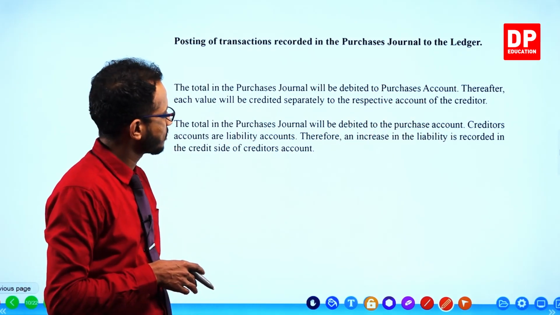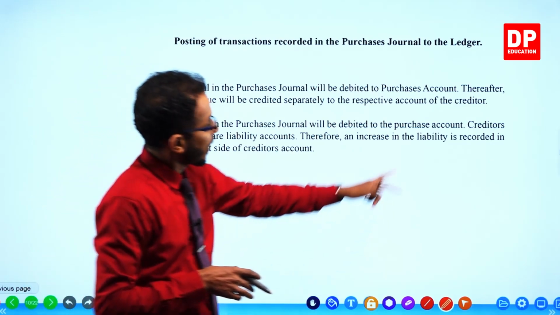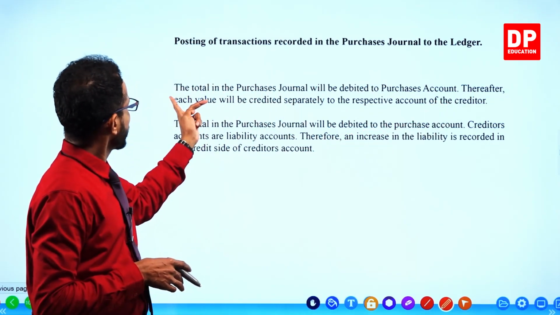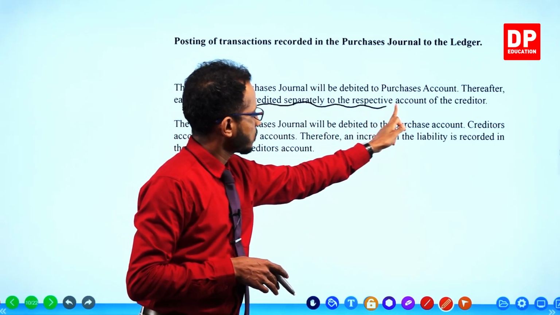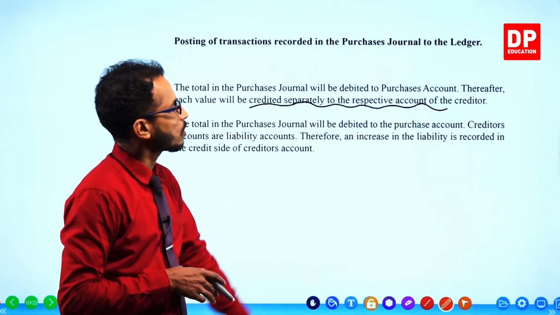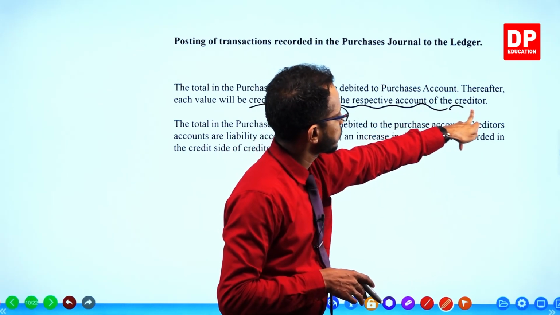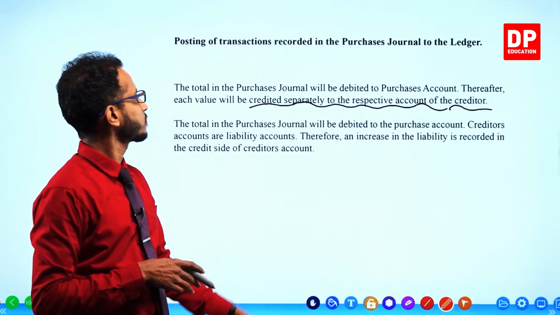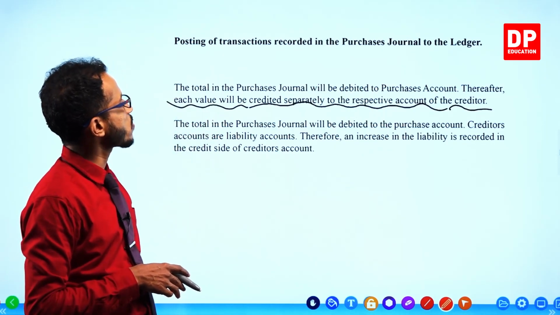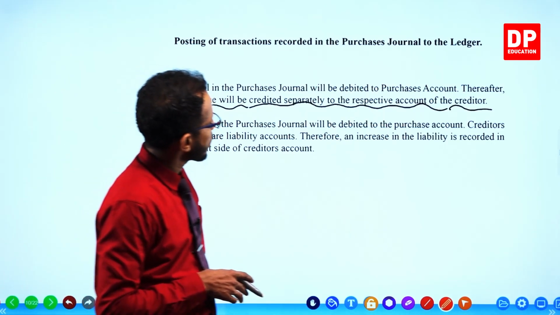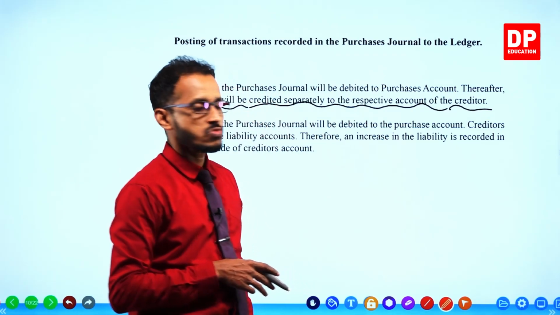Thereafter, each value will be credited separately to the respective creditors' accounts.